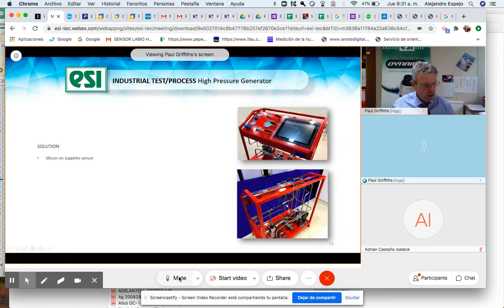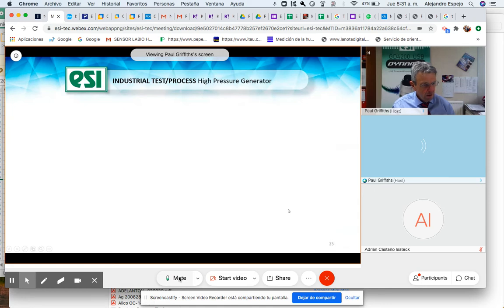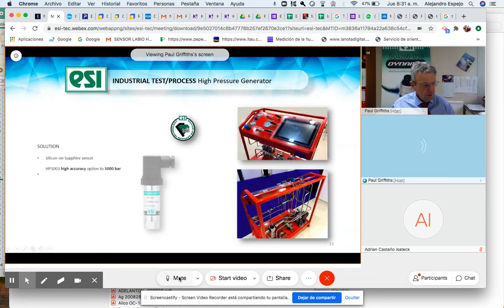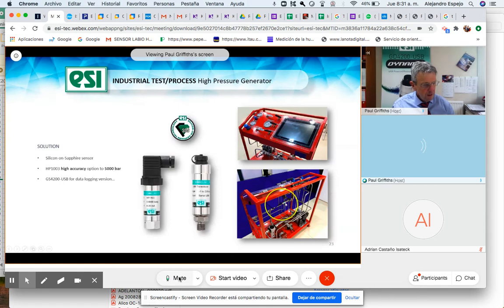And he pointed out that here you can see the USB transducer. So he was already using an ESI product, and that is just simply wired to the PC. There's a protective cover to protect the screen, and it provides the power to the transducer.